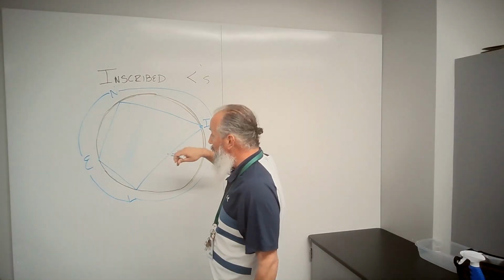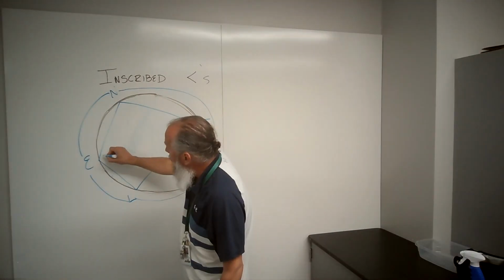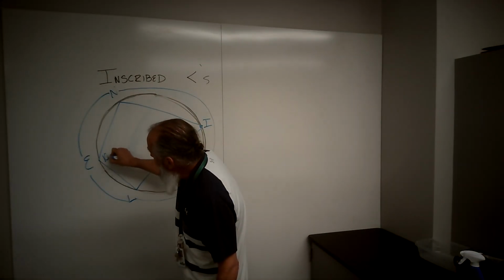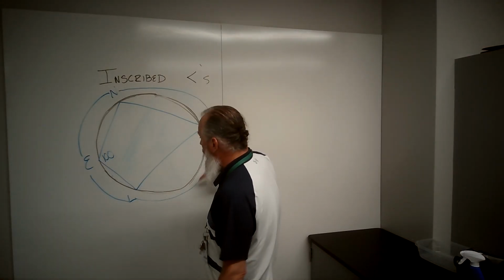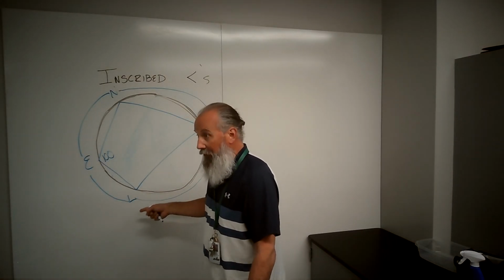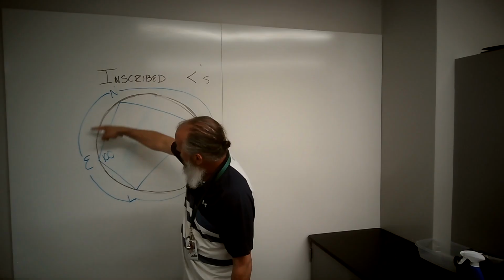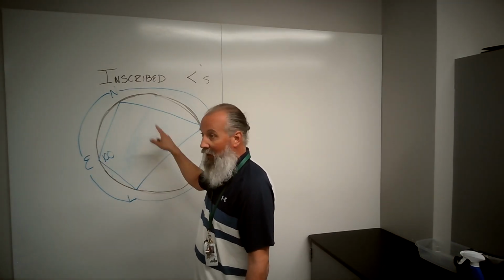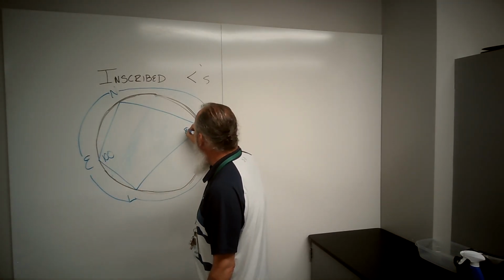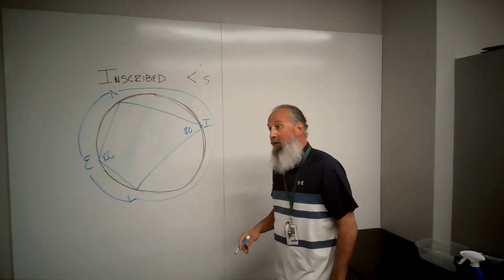And since a whole circle is 360, we know that if angle E was to be 100, then arc NIL would be 200, which means NEL would be 160, because it's got to be 360, and this would have to be 80. So there you go.